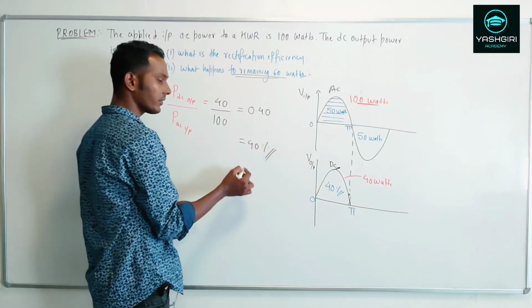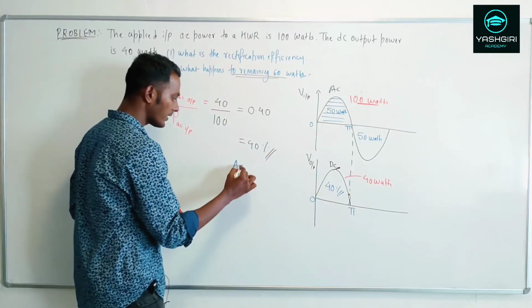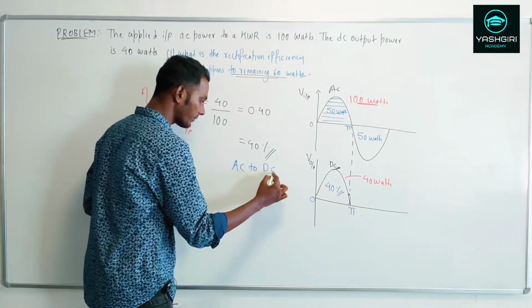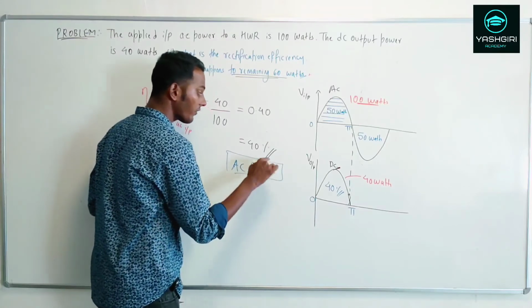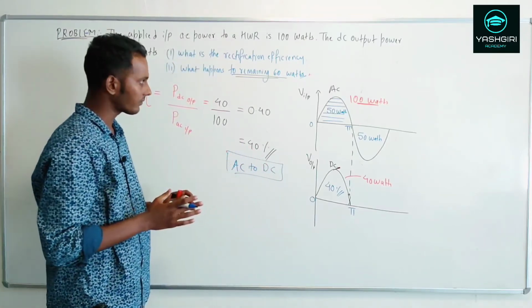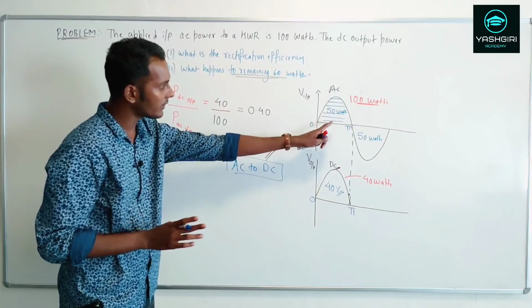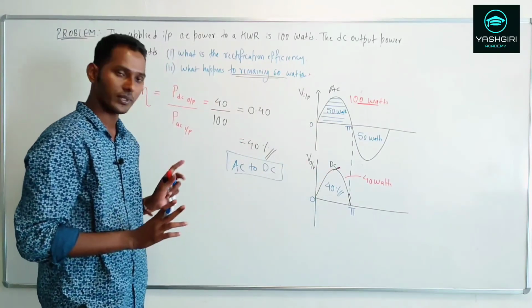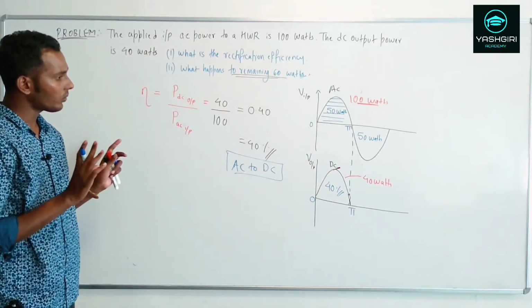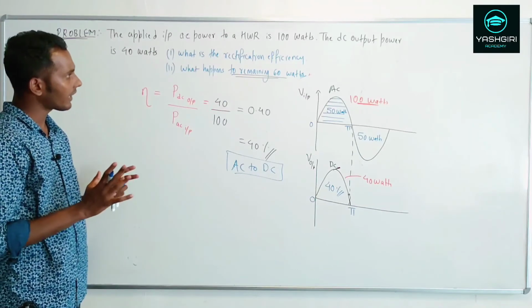Whereas the efficiency of converting AC to DC is 40%, out of 100 watts. Now this is about the efficiency part.